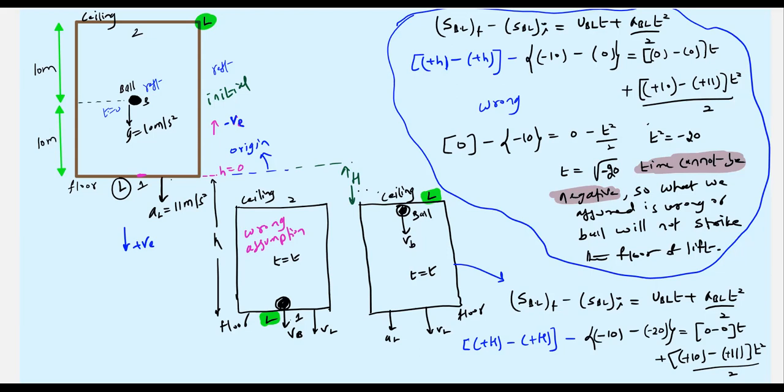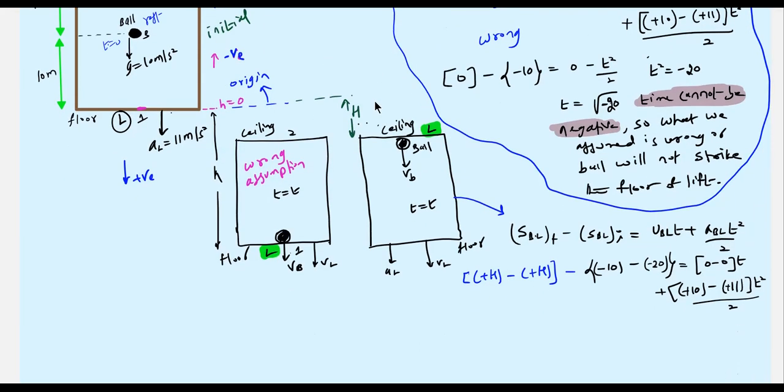So this will become 0. So this will be plus 10, plus 20 minus 10 plus 10 equal to minus t square by 2. So t equals root 20 seconds.